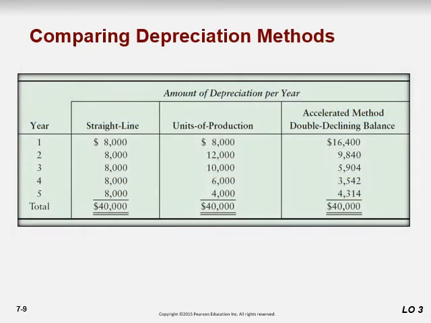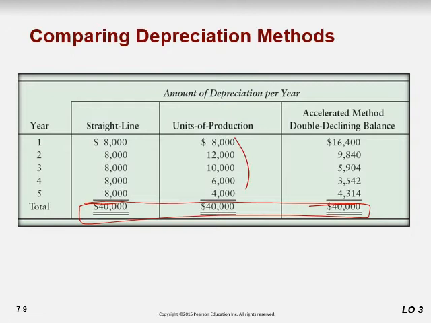Okay, so let's compare this through figures. We have already done the truck example here. So at the end of the year, total depreciation is the same, 40,000, 40,000, 40,000.